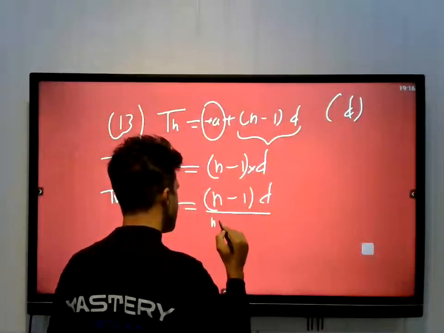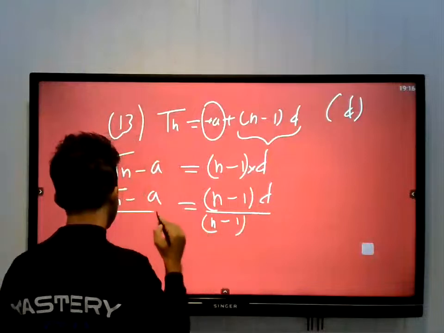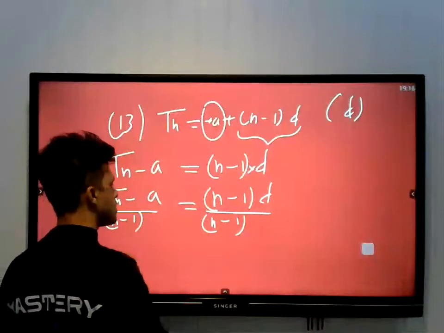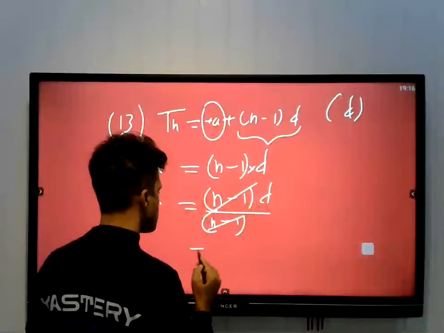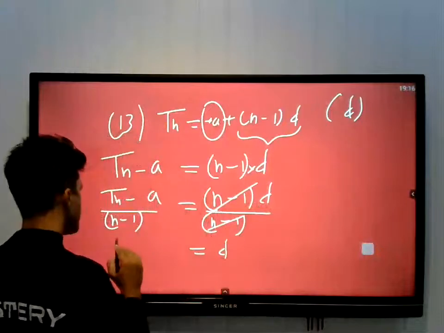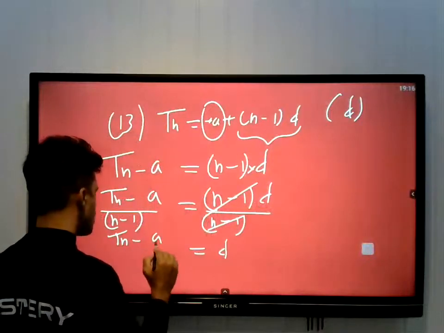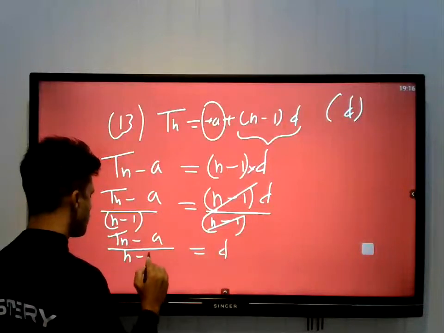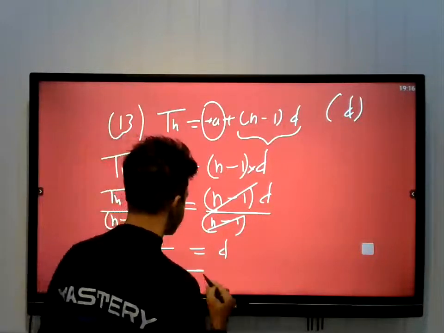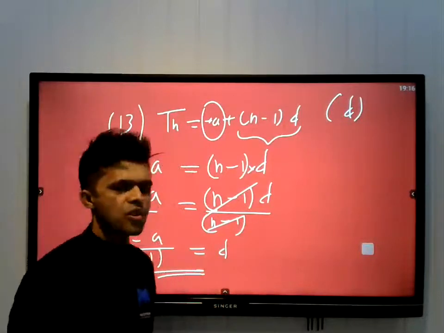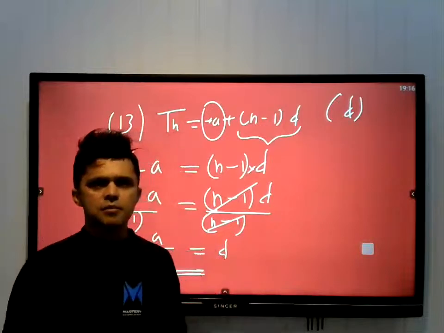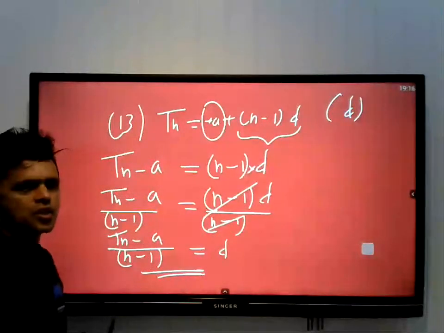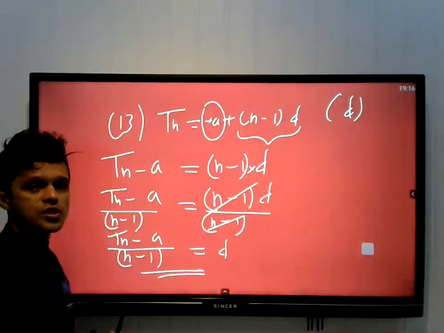So this side is divided by n minus 1, and this side as well is divided by n minus 1. So n minus 1 can be cancelled out. d equals Tn minus a over n minus 1. This is the way of getting the term d as the subject of this formula.